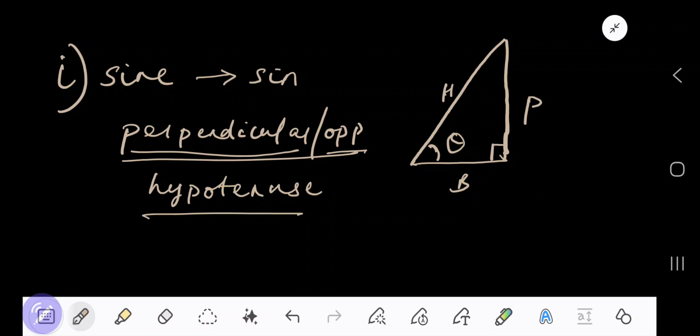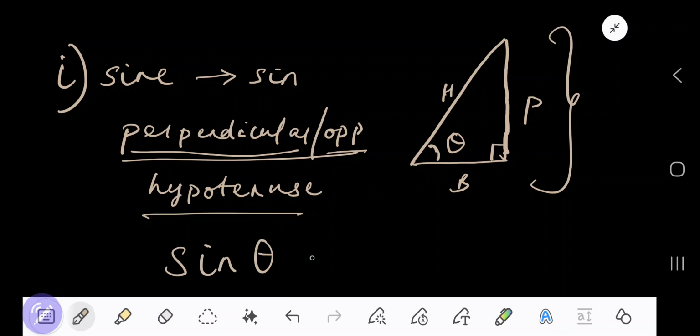So suppose we have this right angle triangle over here, sine theta, remember sine is perpendicular by hypotenuse, right? Over here, let's say P is A and H is B. Okay, so over here sine would be A by B, right?